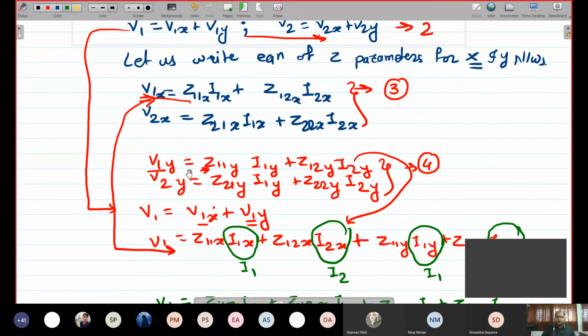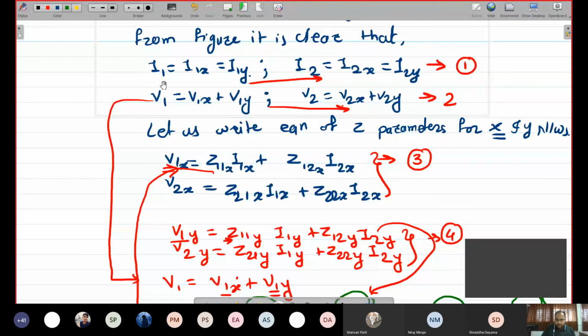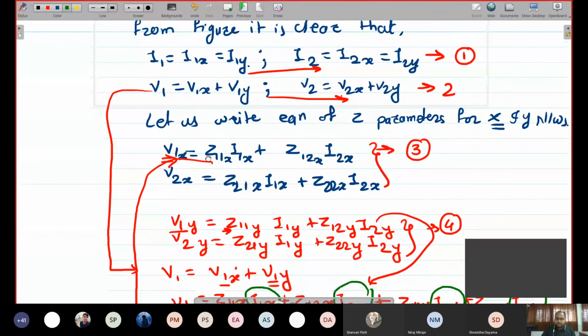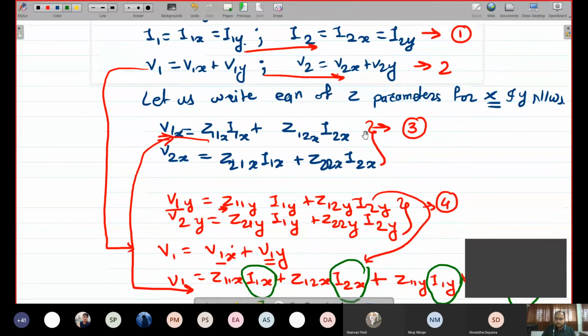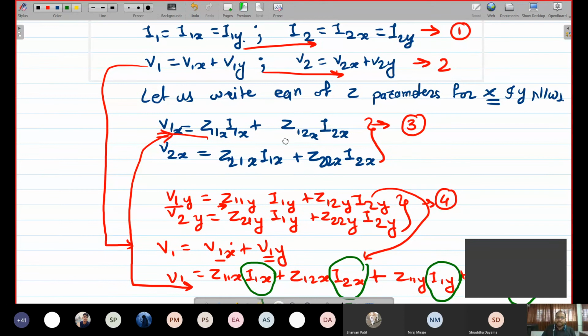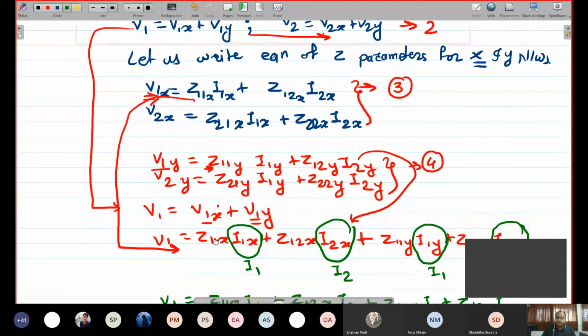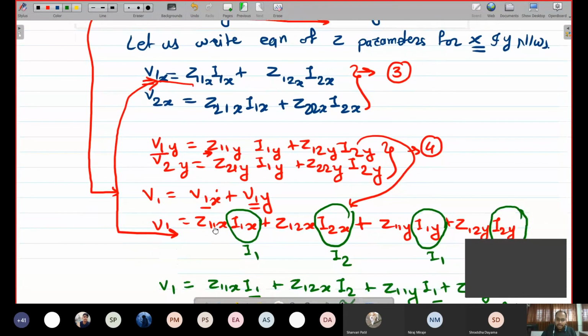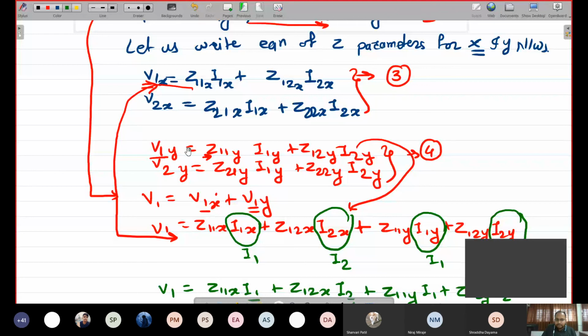And then from a particular equation, let us say equation number 2, first we are going to use this one, and we know the equation for V1X and V1Y. So from equation number 3, this is a partial part of equation number 3, right? This first equation I'm going to put as V1X, and this is V1Y, right?